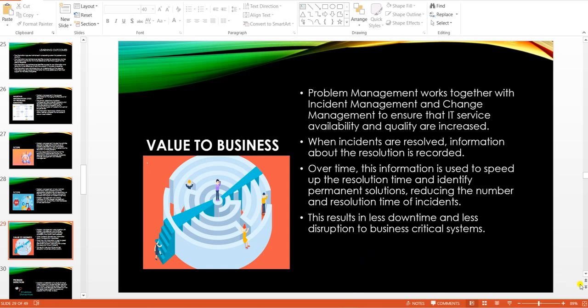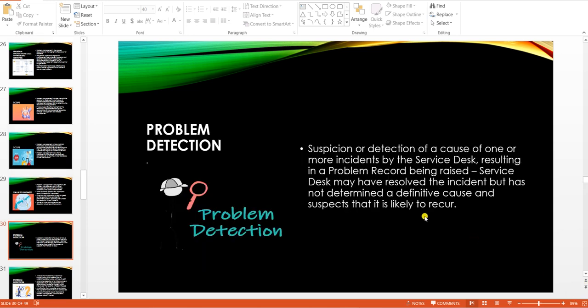And also let's look at problem detection. For problem detection, suspicion or detection of a cause of one or more incidents by a service desk results in a problem record being raised. The service desk may have resolved the incident but has not determined a definite cause and suspects that it is likely to reoccur.